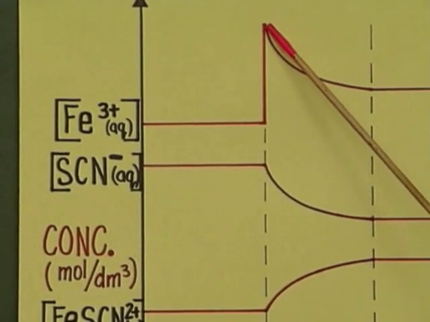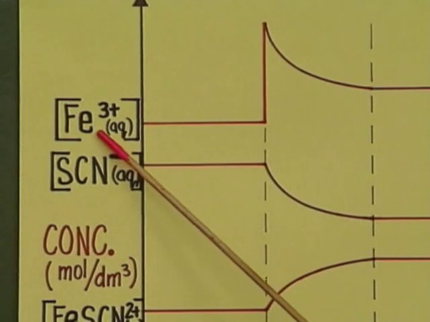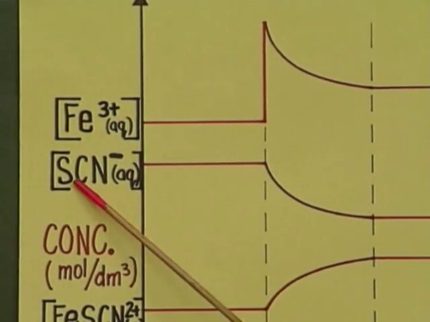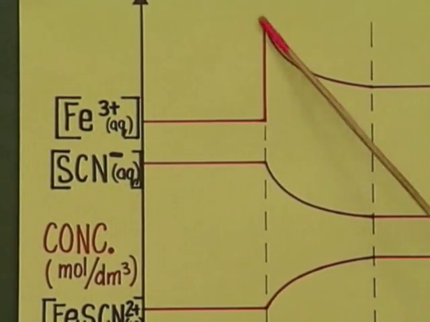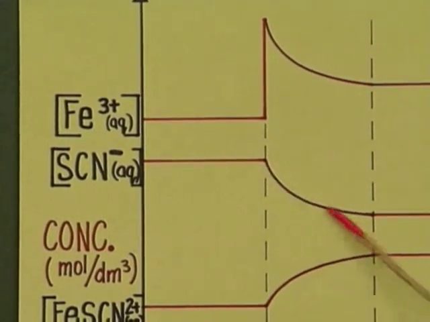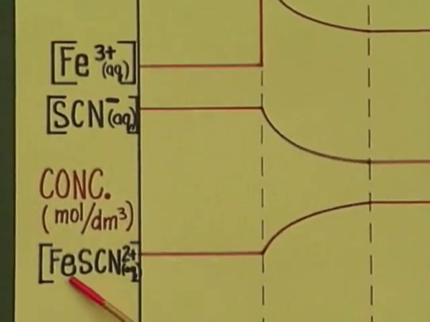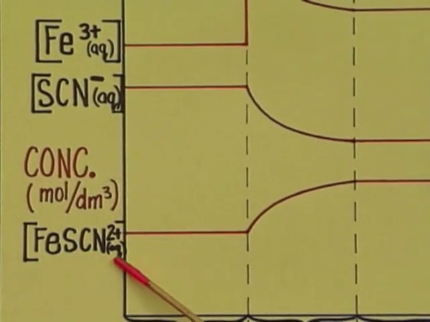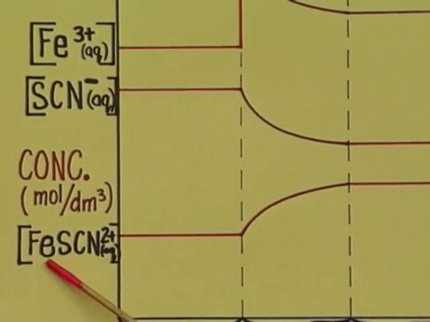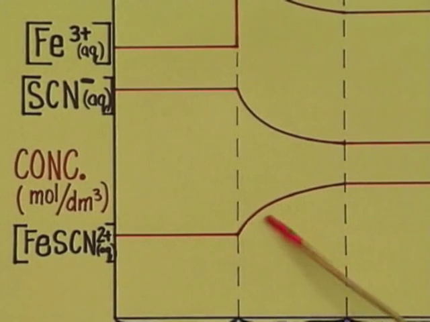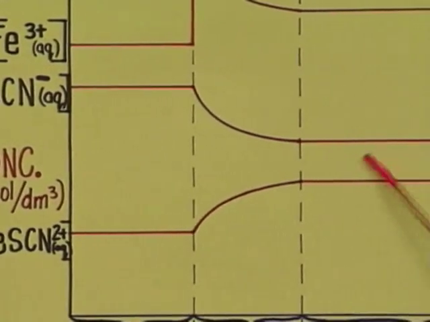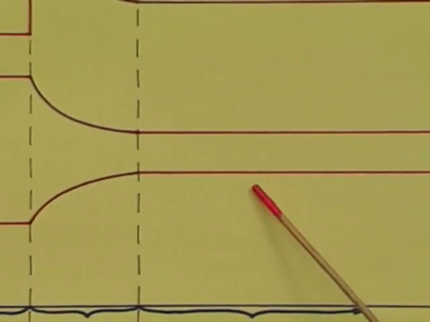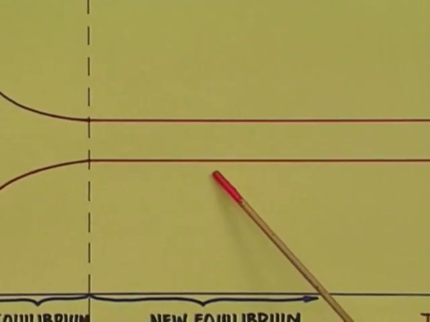And thereafter, the concentrations of both the reactants iron 3 ions and the thiocyanate ions will decrease as they are being used up to form the complex iron thiocyanate, and the concentration of the iron thiocyanate will also increase at the same time until the rates of the forward and reverse reactions once again become equal.